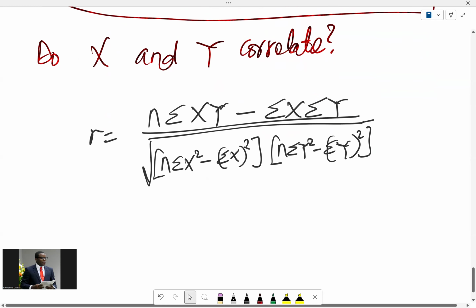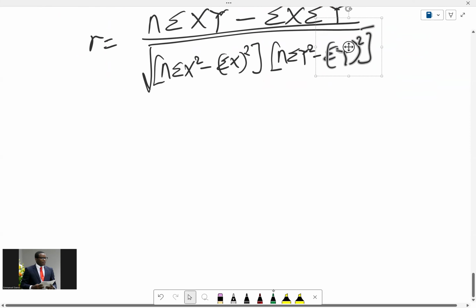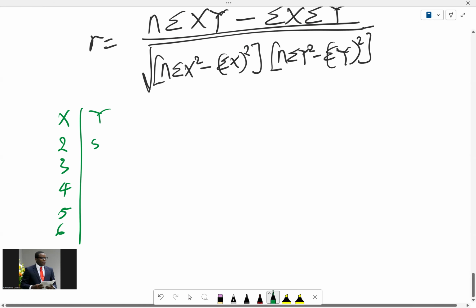So if you want to do the table for this now, it will be something like this. You have X, that's 2, 3, 4, 5, and 6. Then you have Y, which is 50, 60, 70, 80, and 90.